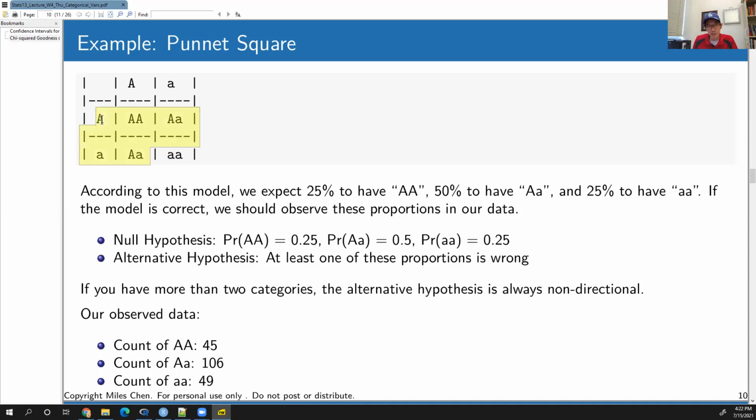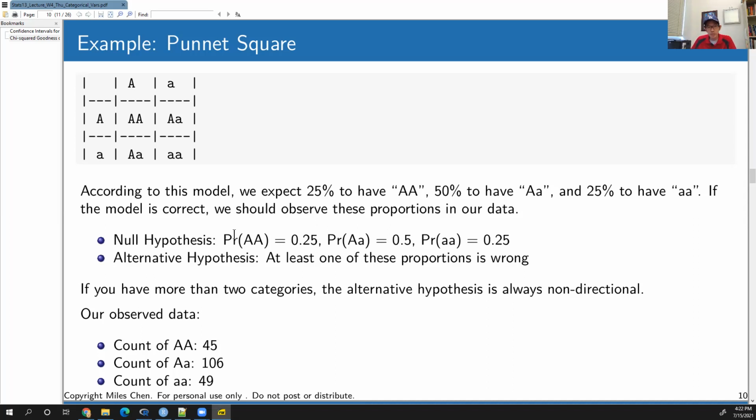And the dominant trait would show up in 3/4, and the recessive trait would show up in 1/4. So we would expect half of them to be big A, little a, a quarter to be little a, and so on and so forth.